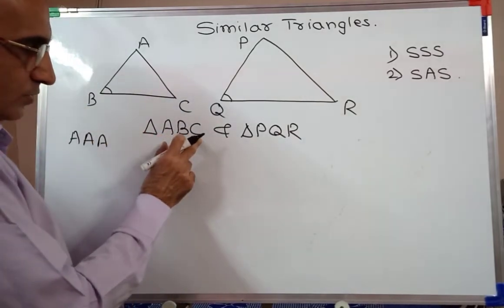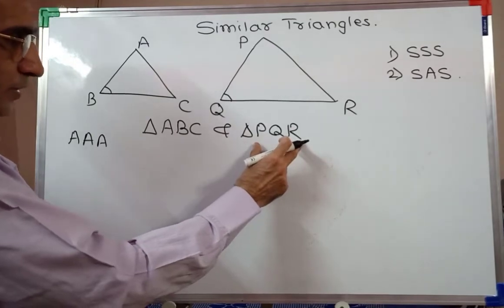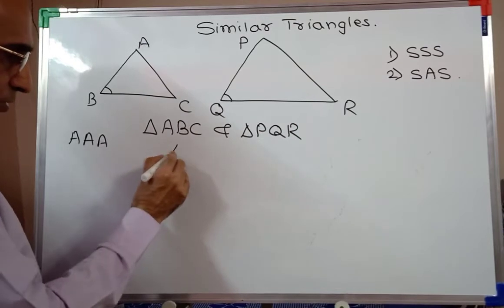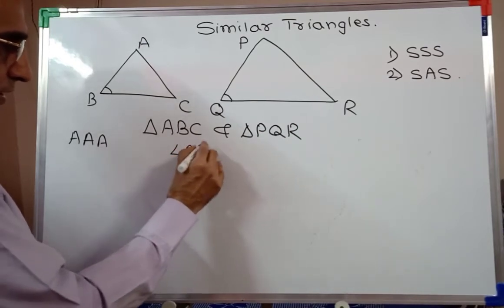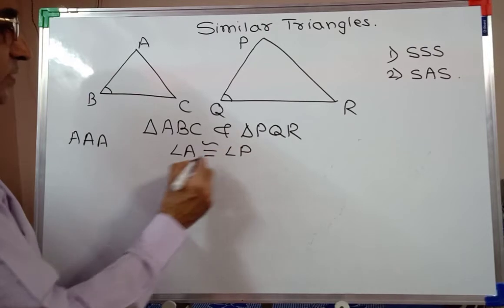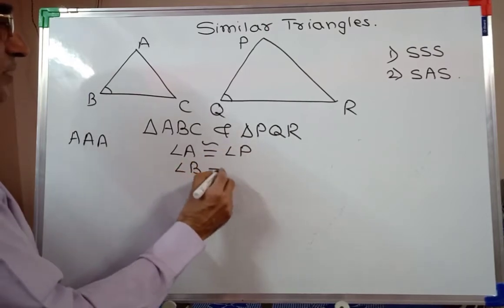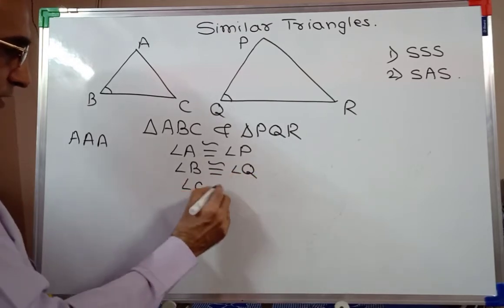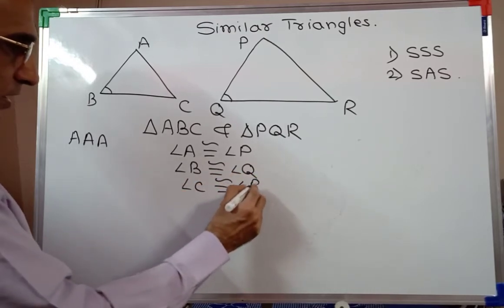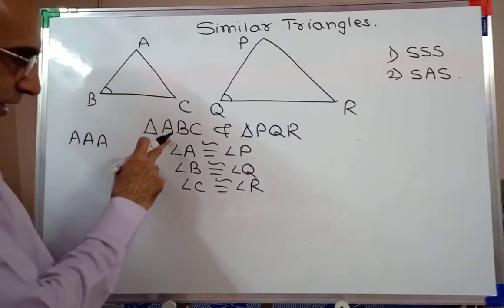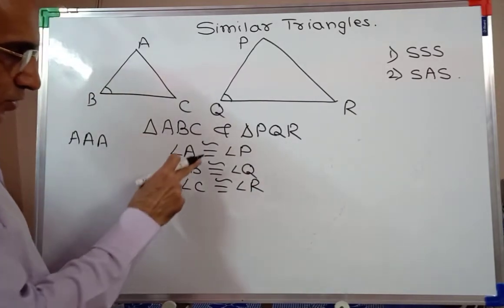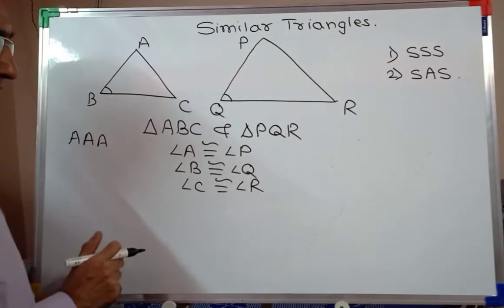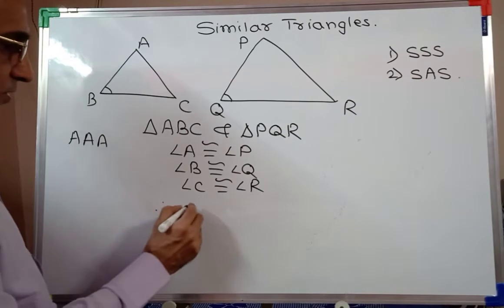For a given 1-1 correspondence between the vertices of the two triangles, if the corresponding angles are congruent, angle A congruent angle P, angle B congruent angle Q, angle C congruent angle R, the three angles of the first triangle congruent with the corresponding three angles of the other triangle, then the given two triangles are similar.